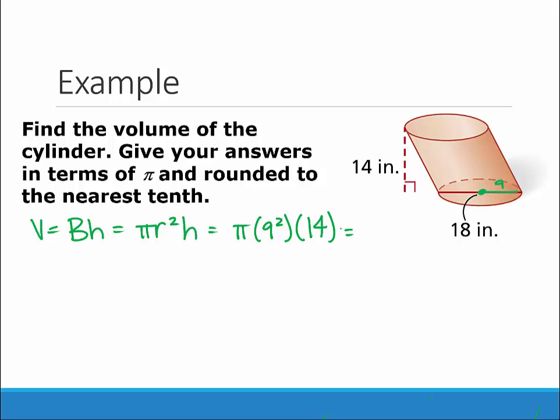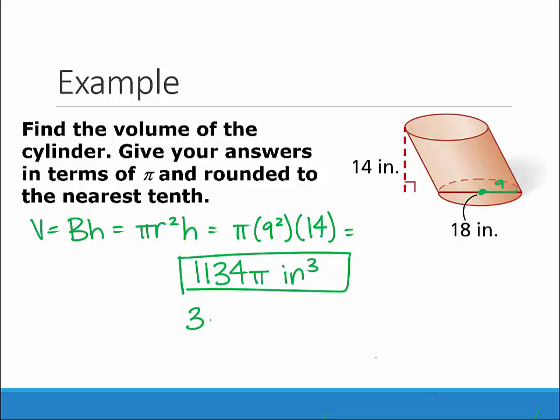And I get 1,134 pi inches cubed. And then they wanted it in terms of pi and rounded to the nearest tenth. So we're going to multiply this by pi and get 3,562.6 inches cubed.